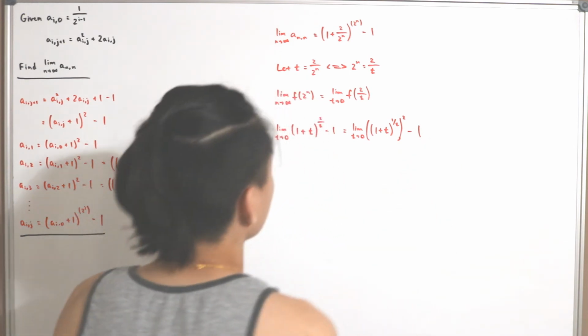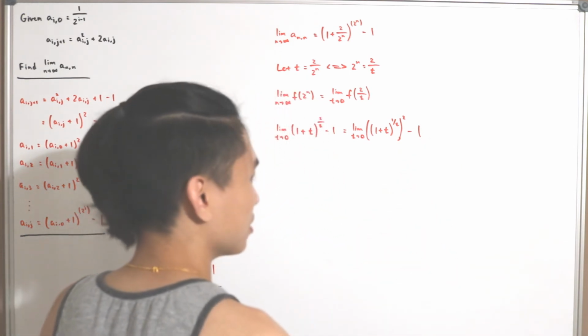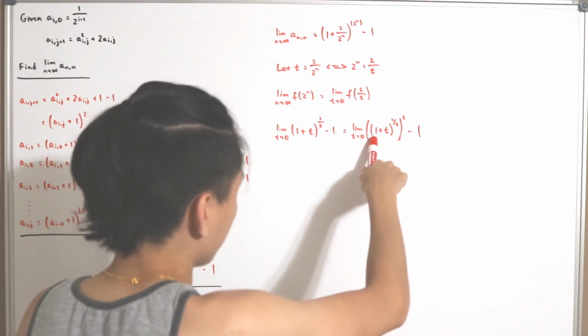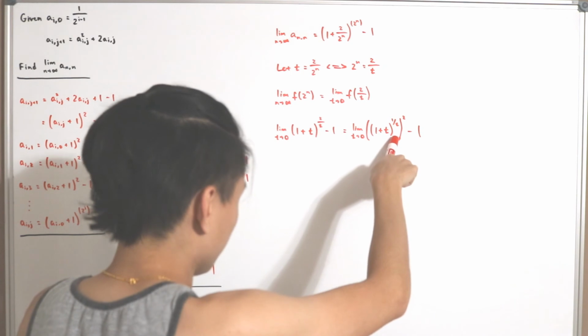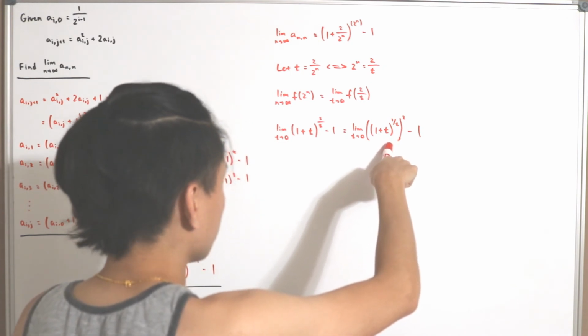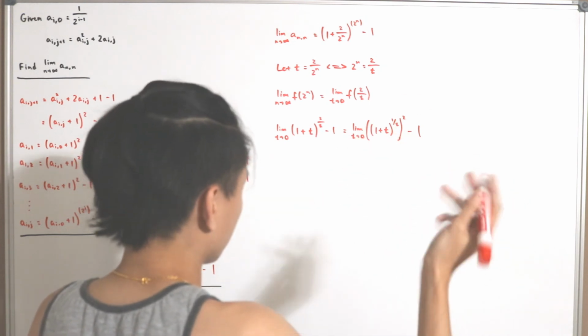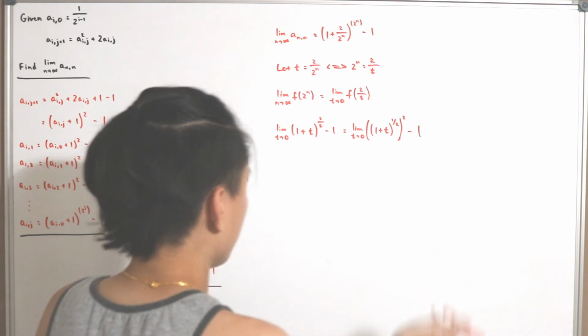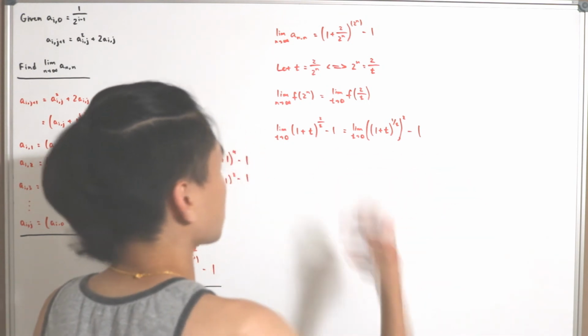Now remember, I've discussed this a couple times in past videos, but if you look at the inside of our function, this is the standard formula for Euler's constant. It's another way of writing Euler's constant. There's one where t approaches 0 and one where t approaches infinity, which is written differently.